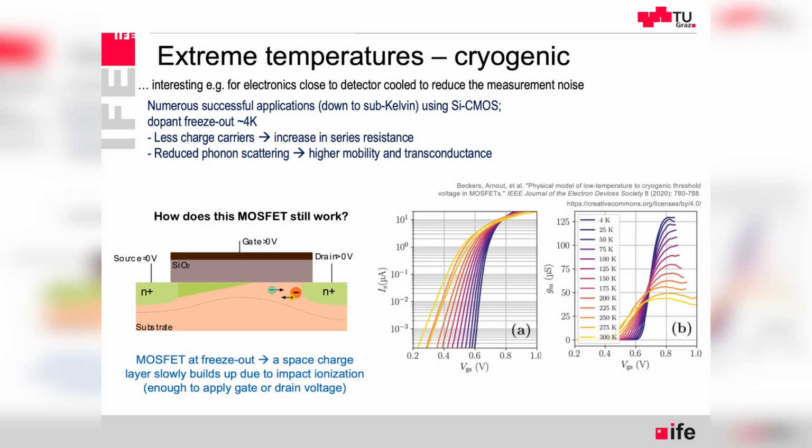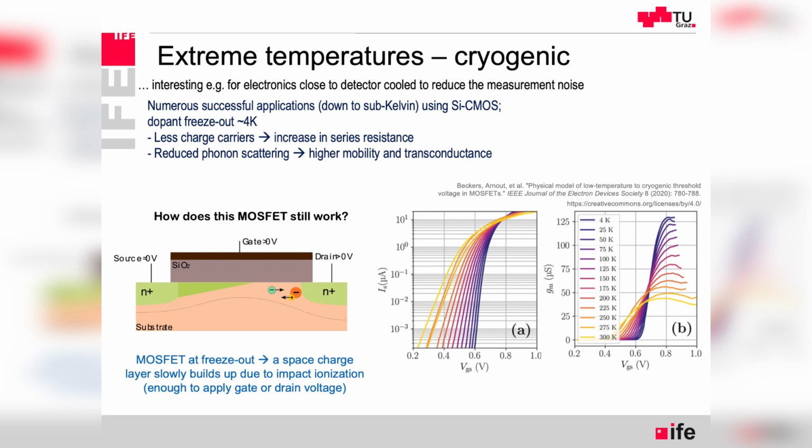So what happens as we decrease the temperature, we have the freeze out. We know that already. So one thing that happens, we have fewer charge carriers. So that increases the series resistance. That's very important for devices, that when we see certain characteristics of the semiconductor device, then series resistance can make a big influence.